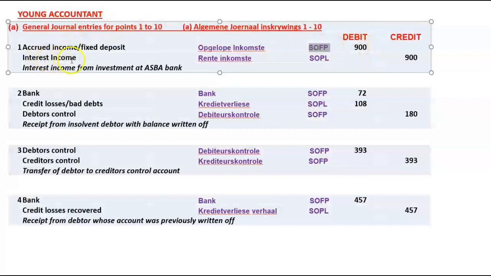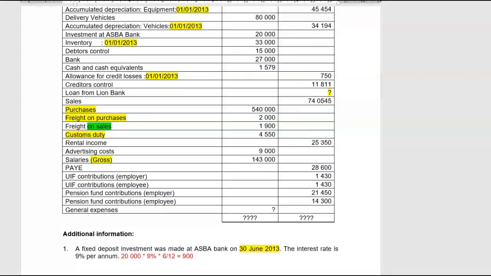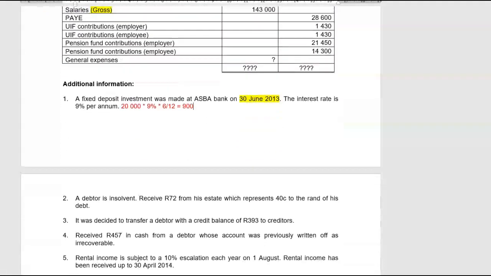And then interest income, our income statement account, would have been credited with the 900 Rand. Please don't forget to put your statement indication whenever a journal entry is asked from you. So we're going to debit a trade receivable account with 900 Rand, and we're going to credit an income account with 900 Rand. Right, the next one.